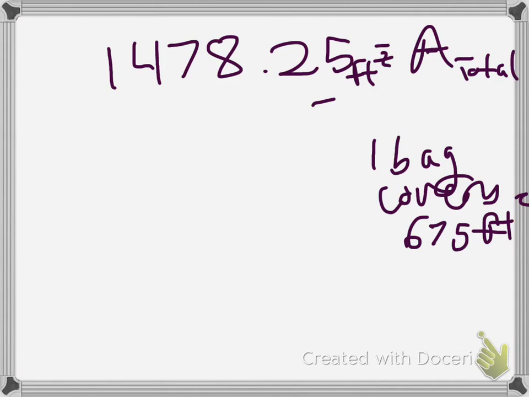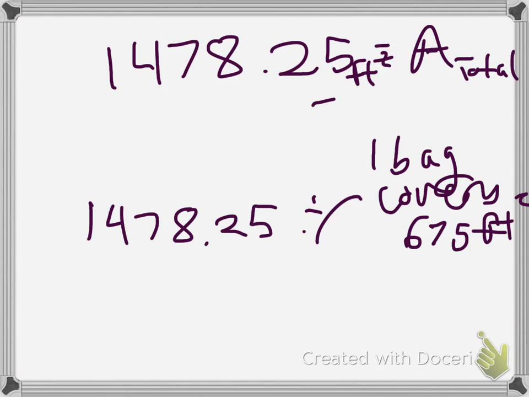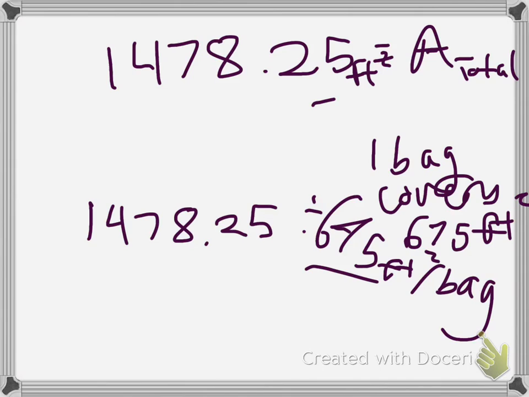I'm going to divide 1,478.25 by 675 in order to get the number of bags. Because it's 675 feet squared per bag, the feet squared will cancel out and I'll be left with the number of bags.